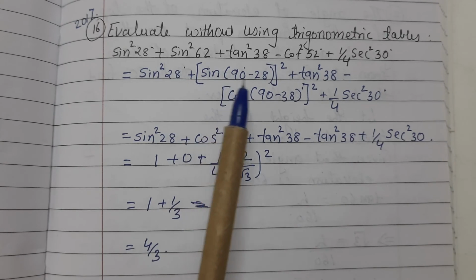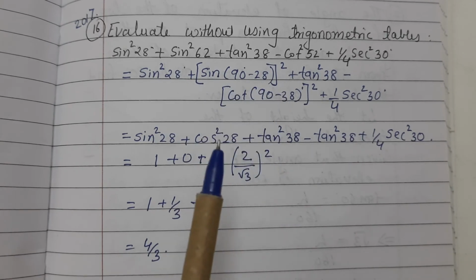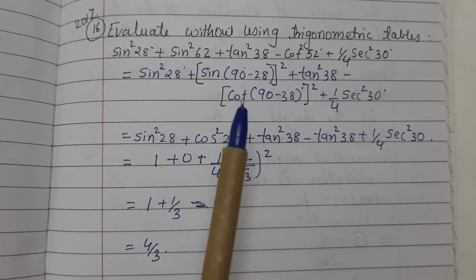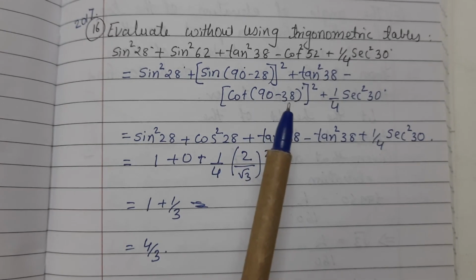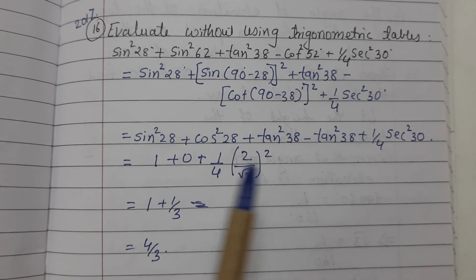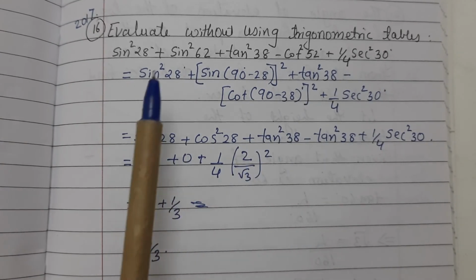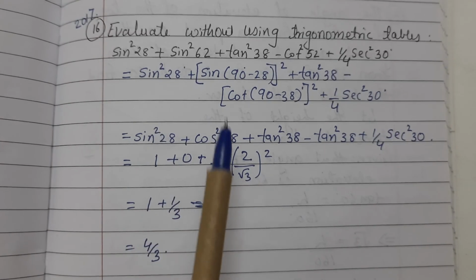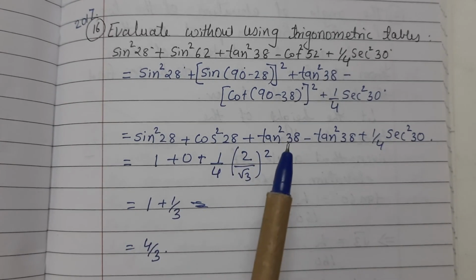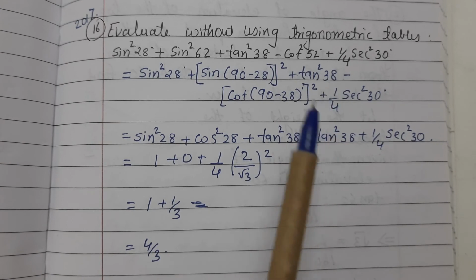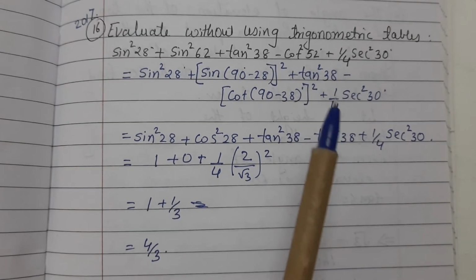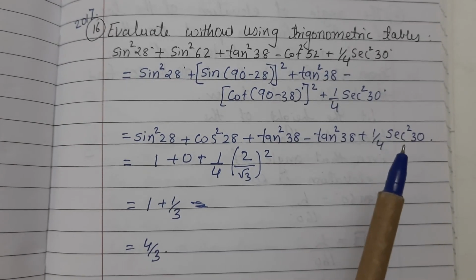Sin 90 minus theta is cos theta. So cos square 28. Cot 90 minus theta is tan theta. So tan square 38. Equal to sin square 28 plus cos square 28 plus tan square 38 minus tan square 38 plus 1 upon 4 sec square 30.